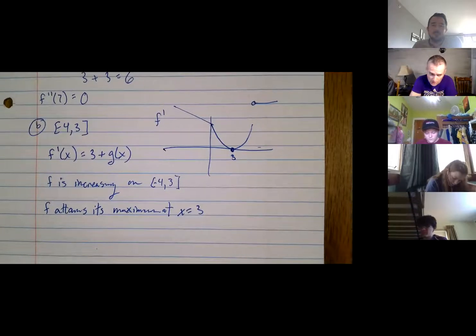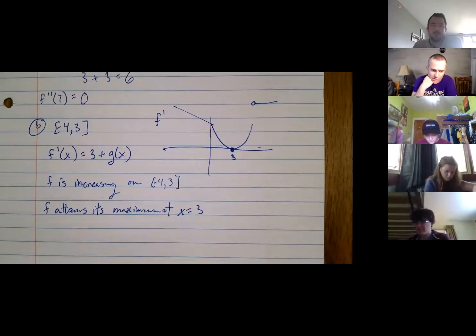But usually, if they say find the x value at which the maximum occurs, the problem can be done in such a way that you don't actually have to know those y values. It's more than likely based upon the sign analysis of the first derivative. Okay. All right, can we move on to part C then?